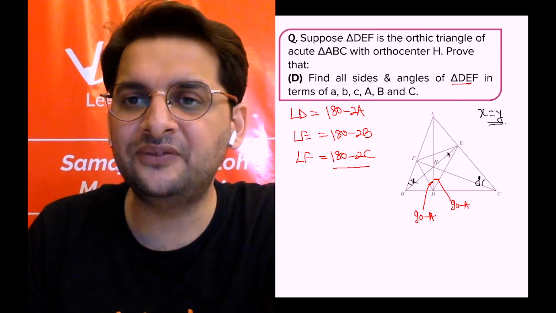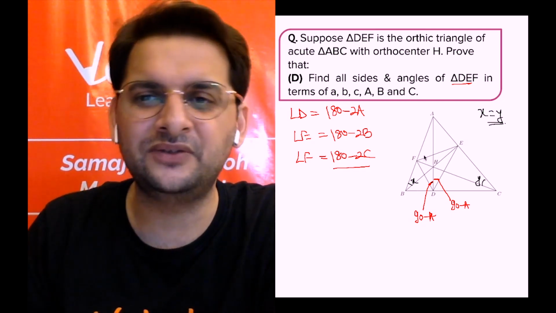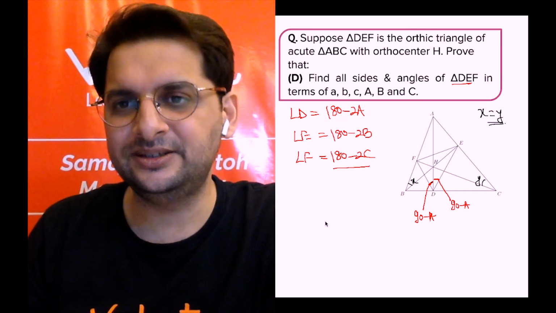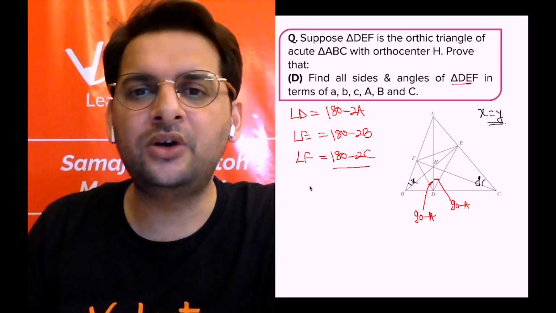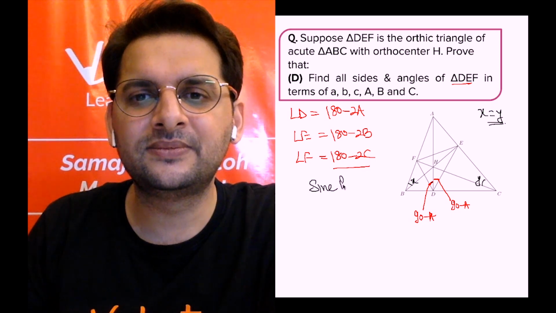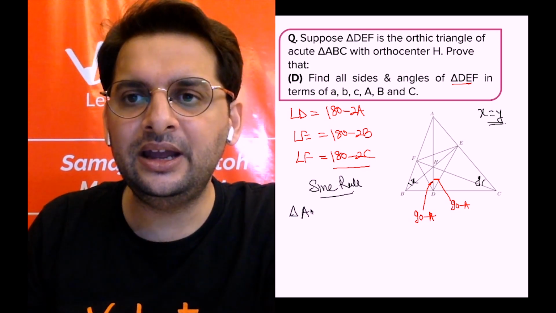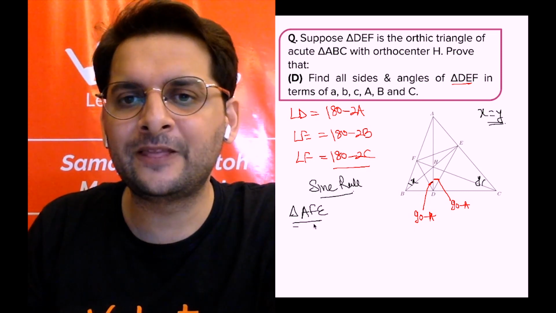We need to find FE. Let's say we need to find FE, because if we find one side, the others would be symmetric. So how do I find the side? Now, the side would be found using the sine rule. So consider triangle AFE.